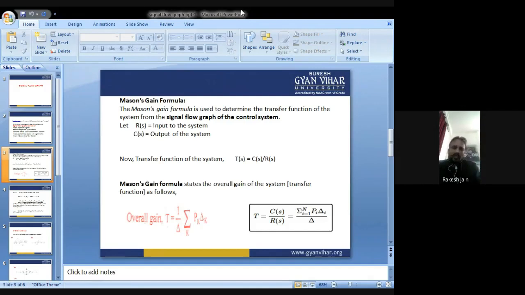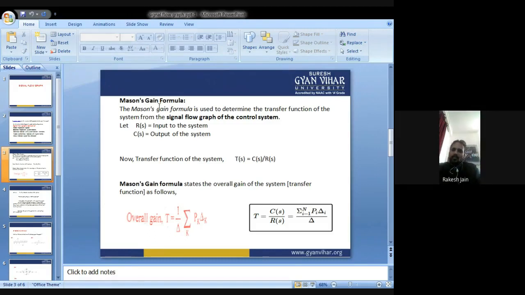Now in any signal flow graph given in our questions, the first step is to find out how many forward paths there are. So we look at the control system signal flow graph, and then we check from the starting point till the end point how many straight forward paths there are without repeating nodes and branches. That will be equal to k.